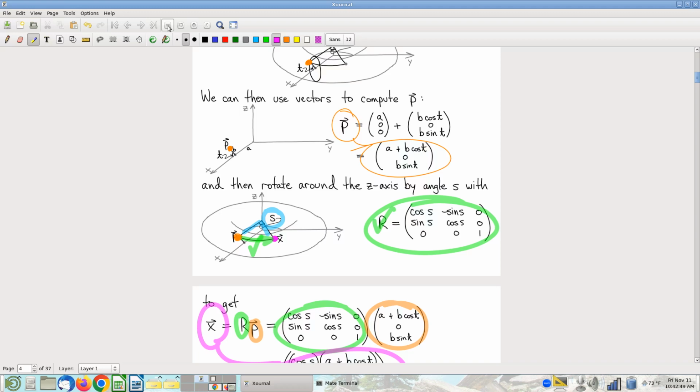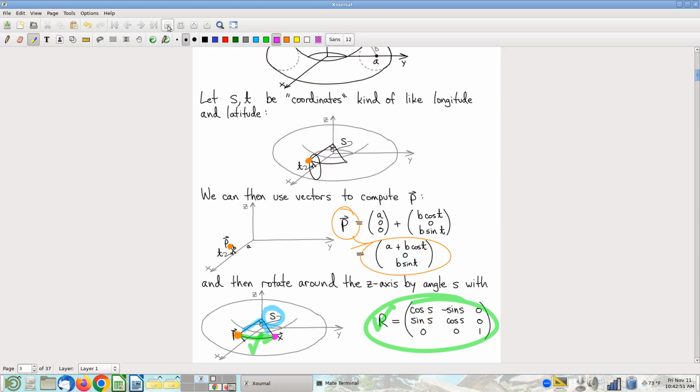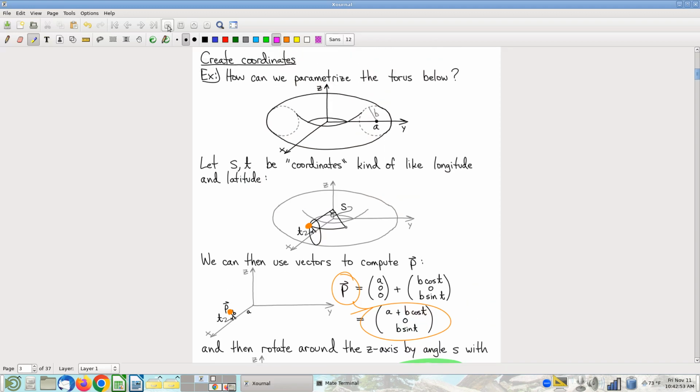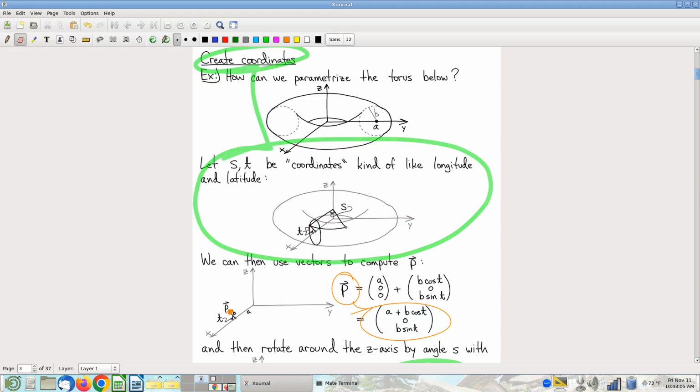The big picture here, though, the new idea is that our foot in the door, the thing that allowed us to get going on this, is that we created a coordinate system. We created this longitude and latitude business, and then from there it was sort of details.